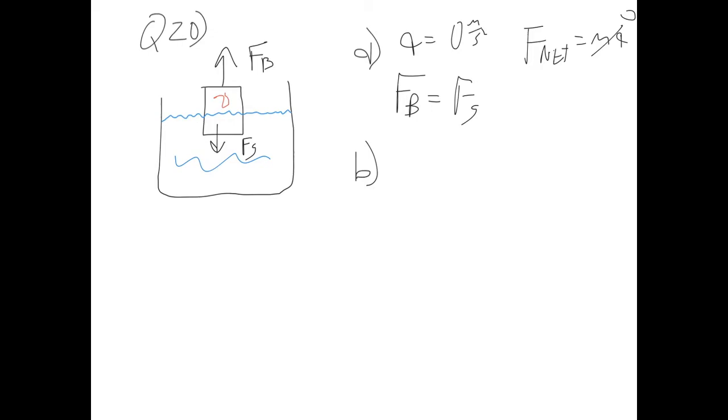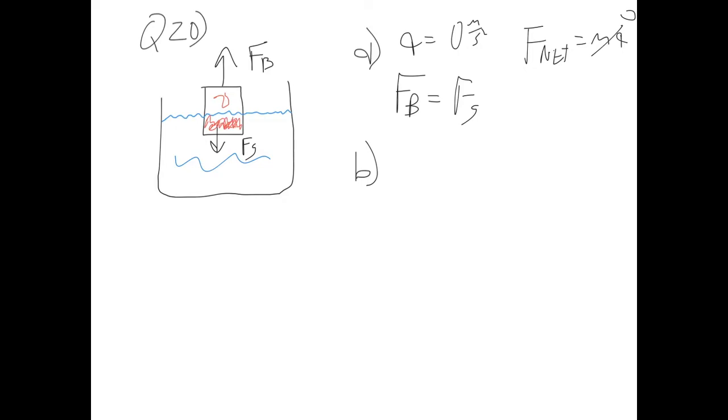Part B asks, is the volume of fluid displaced by the block greater than, less than, or equal to the volume of the block? Well, notice that the block is not entirely submerged. Only this part of the block is under the water. So only that part of the block has moved water out of the way.